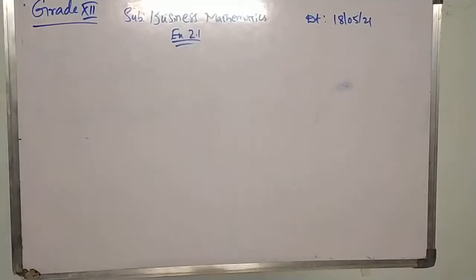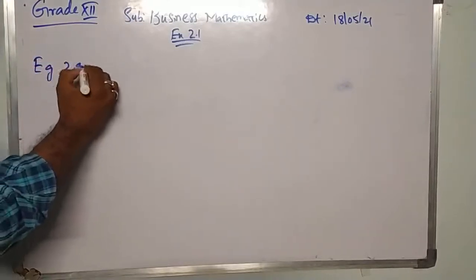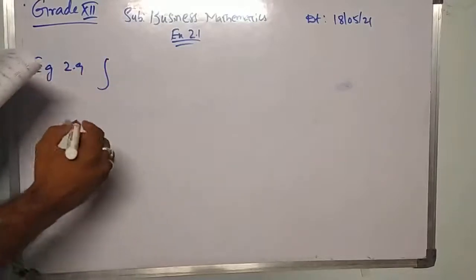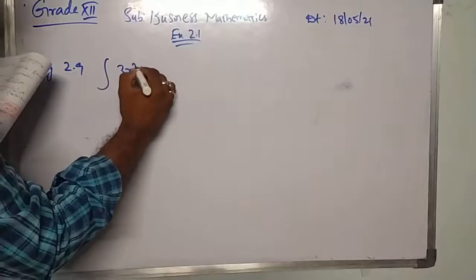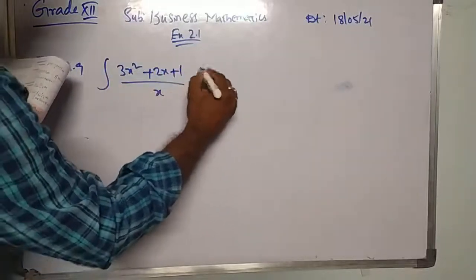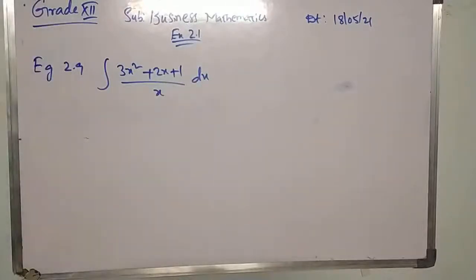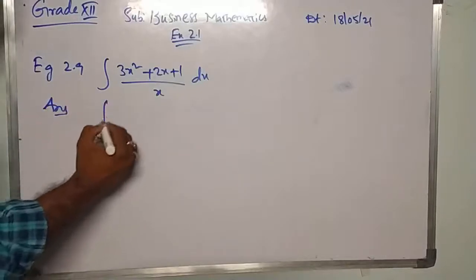The first example from 2.9: evaluate integral 3x square plus 2x plus 1 by x dx. Now let us see how to do this question. Answer: integral.